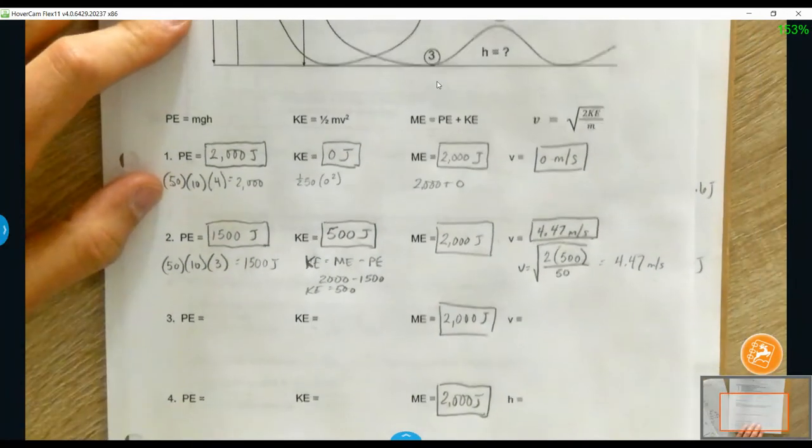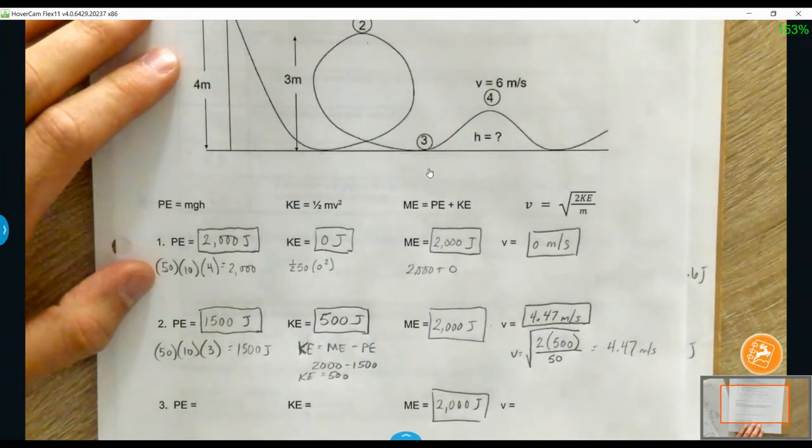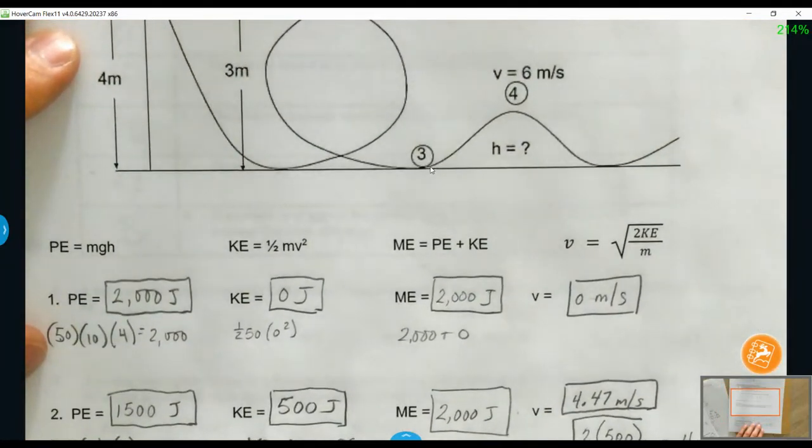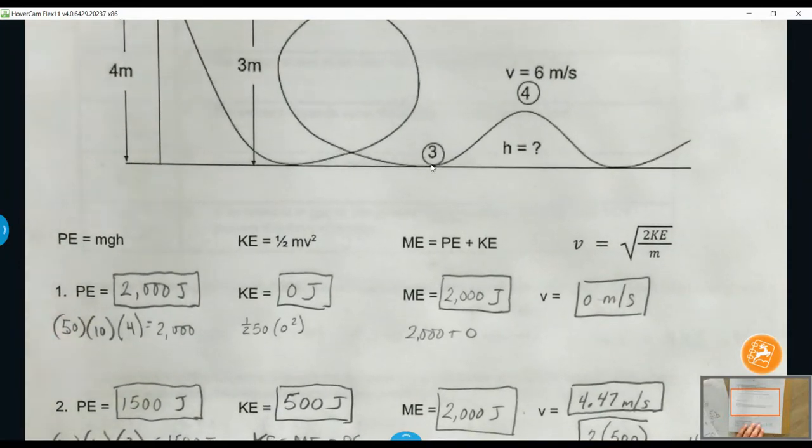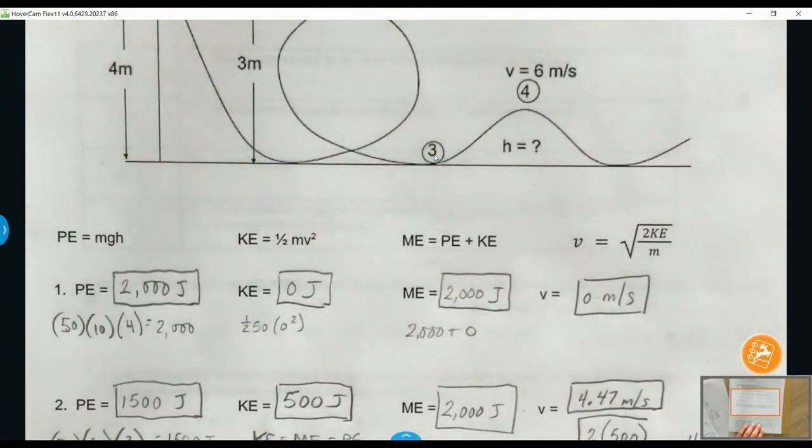Now, if we go back to the picture at point 3, we don't have a height, we don't have a velocity. So what's up? Well, where does the position look like? Where does the height look like it is? It's at 0. That's good. Take this roller coaster piece right here, and we're going through this right now.